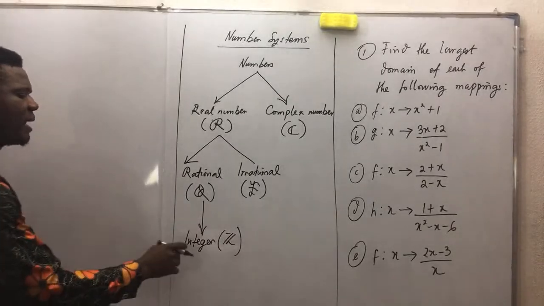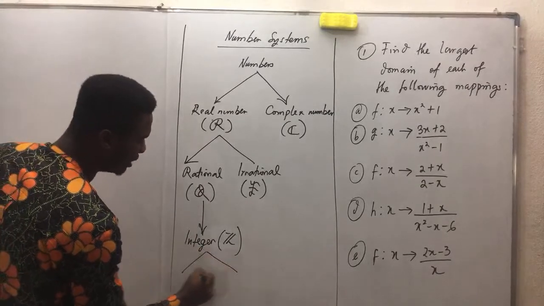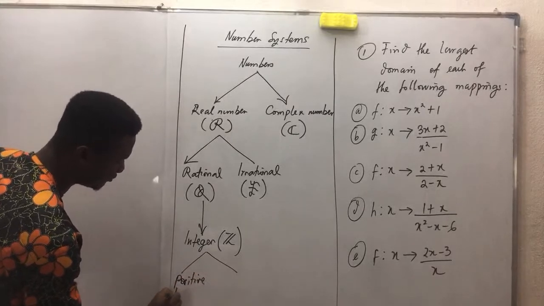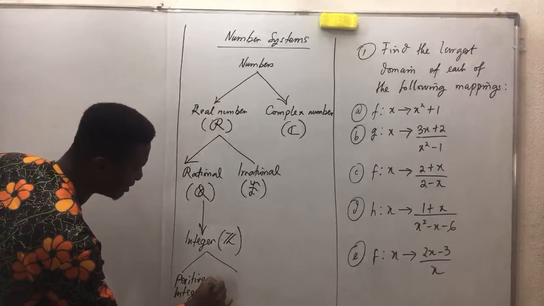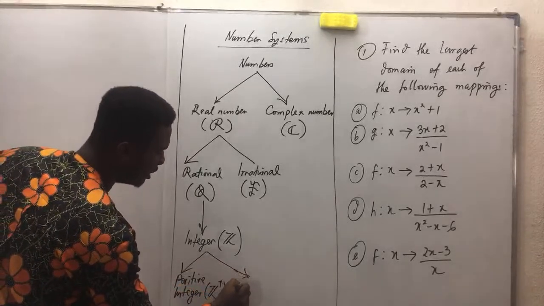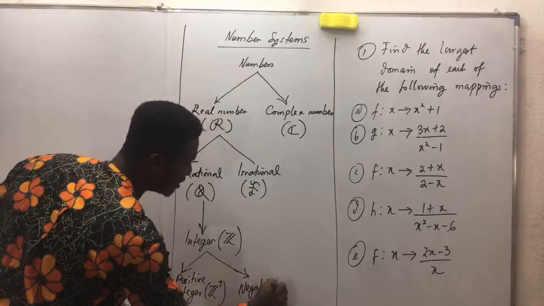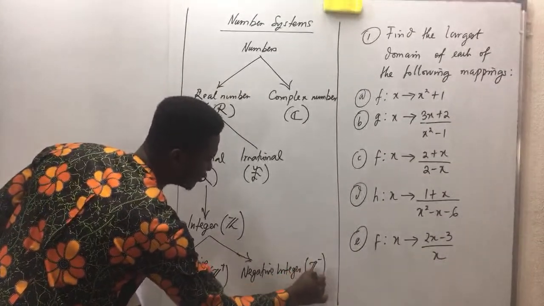Now, if a number is an integer, it means that number could be a positive integer, denoted by Z plus, or it could be a negative integer, Z minus.